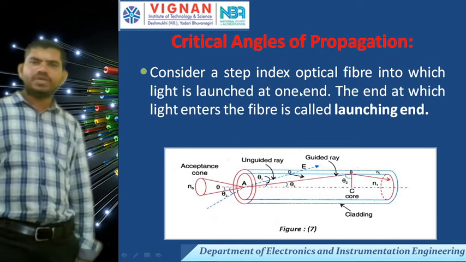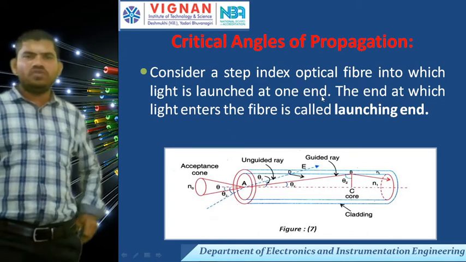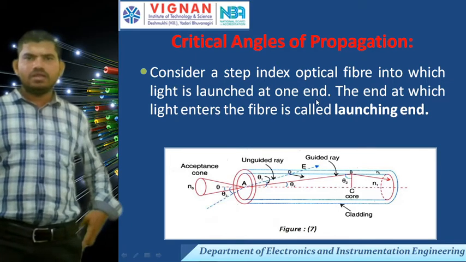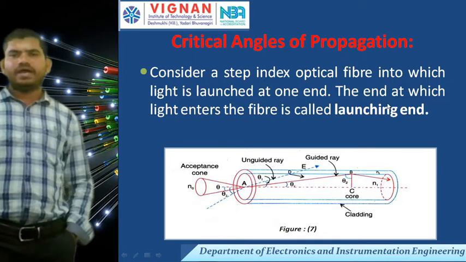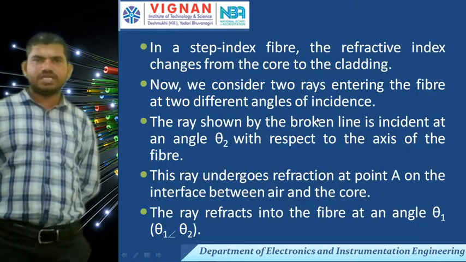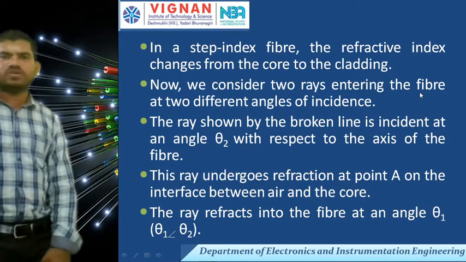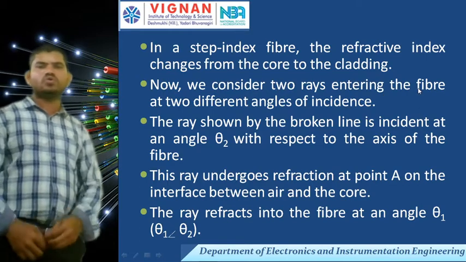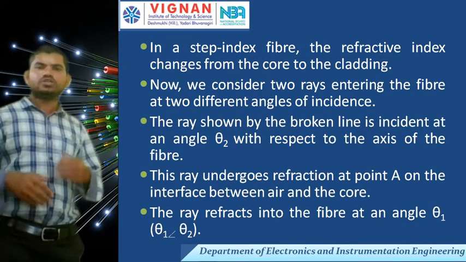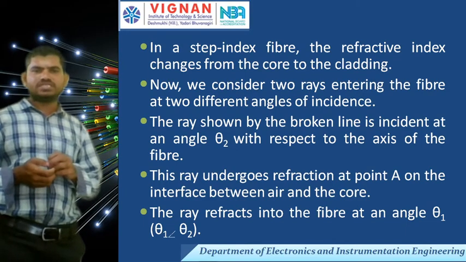Consider a step index optical fiber into which light is launched at one end, and the end at which the light enters the fiber is called the launching end. Here in a step index fiber, the refractive index changes from core to cladding. Now we can consider two rays entering the fiber at two different angles of incidence.